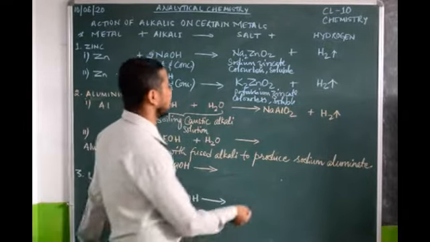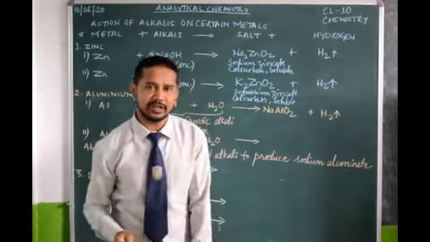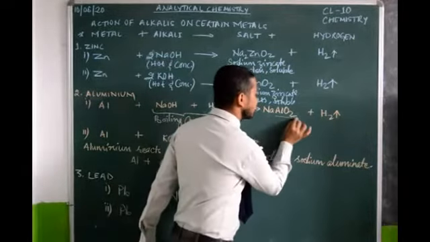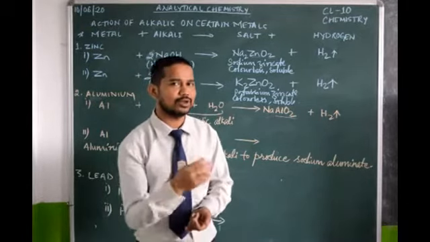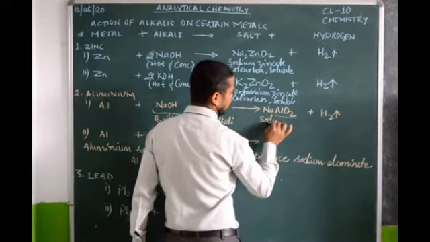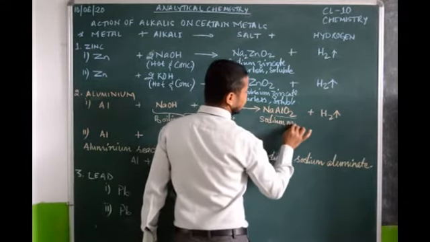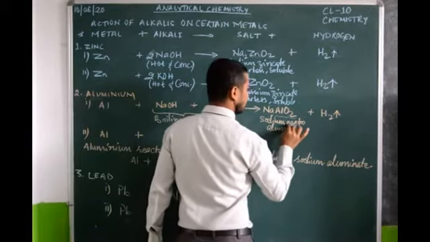Last time I told you ZnO2 is zincate and it is an acid radical. AlO2 is meta-aluminate, and it is also an acid radical. So we will write here sodium meta-aluminate.